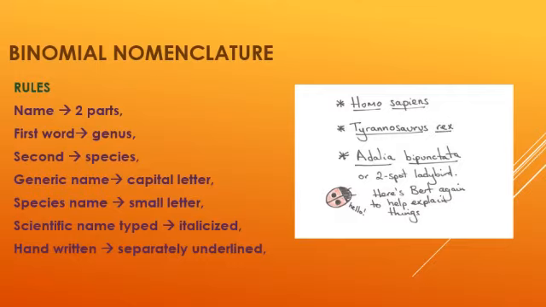The generic name starts with a capital letter and the species name starts with a small letter. While typing a scientific name, it should be in italics. But when it is handwritten, both the parts of the name should be separately underlined, as you can see in the picture.